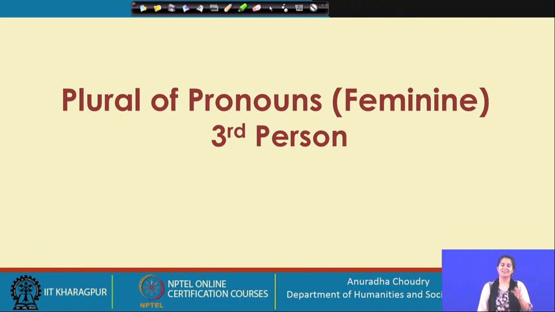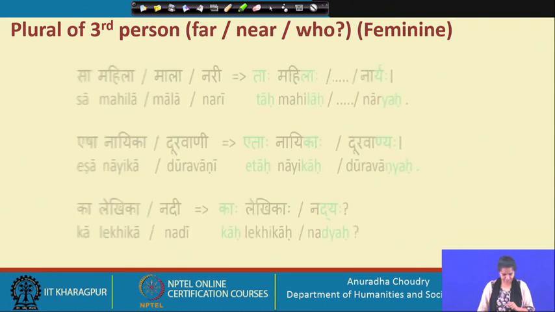Okay, so like we had seen, the saha became te. Here the sa will become taha. Similarly, the esha will become etaha, and the ka, guess, kaha. Very good. Let's look at them.